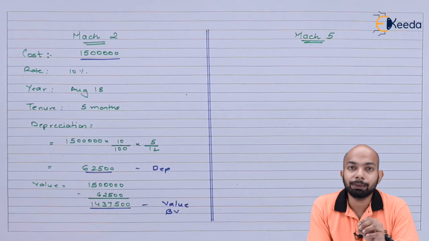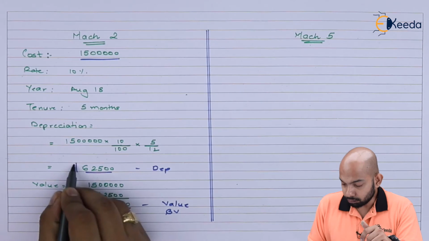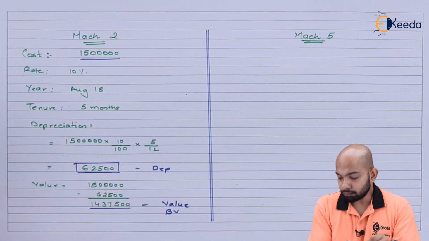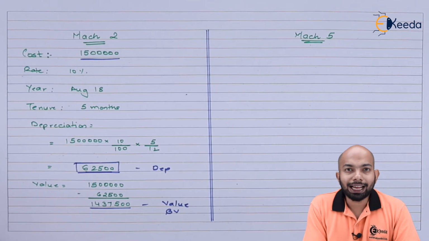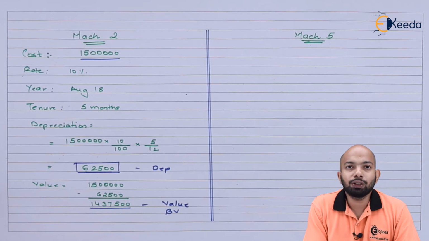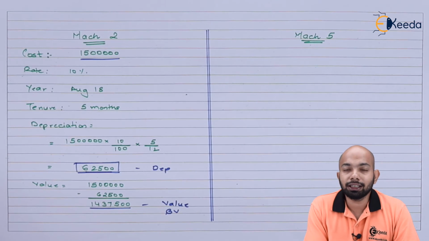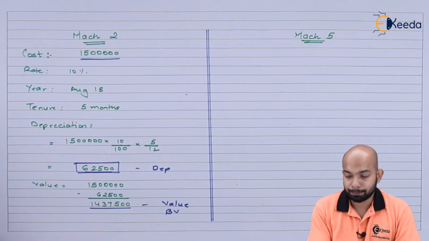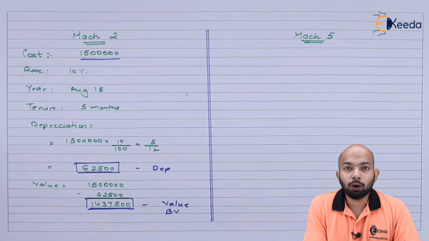So if you calculate the depreciation, you get around 62,500 here. Once you subtract this depreciation from the original cost of the asset, the written down value for that specific asset as of December 2018 will be 14,37,500. Similarly, we'll figure out the calculation for machine 5 as well.